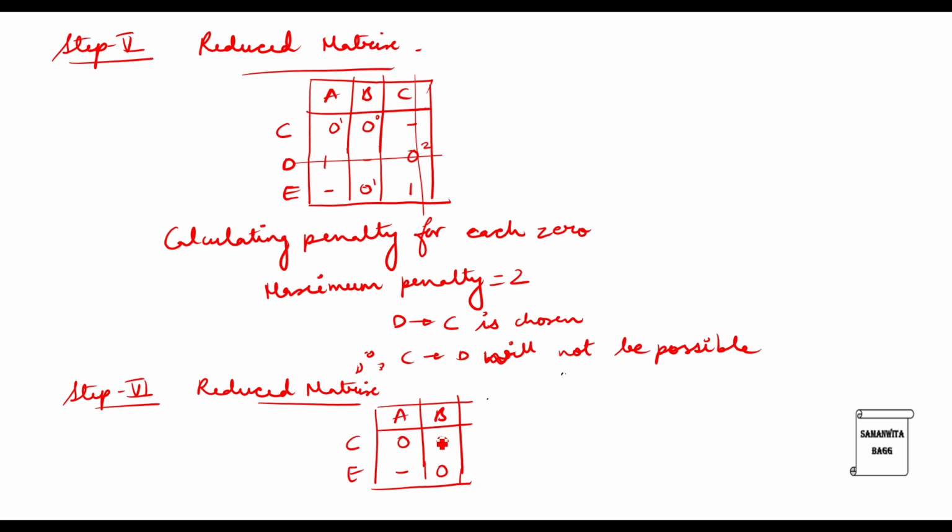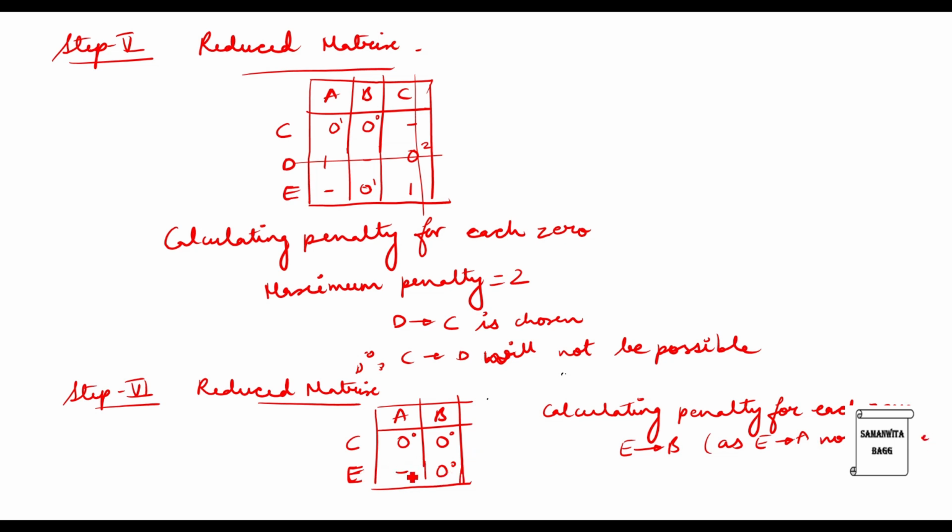Now if you calculate the penalty over here, all will have value 0. So what you can do is you can do a random allocation, but for that also there is a small condition given. E to A is not possible. So if I check and I write here calculating penalty for each 0, I write down E to B is the allocation, as E to A not possible.